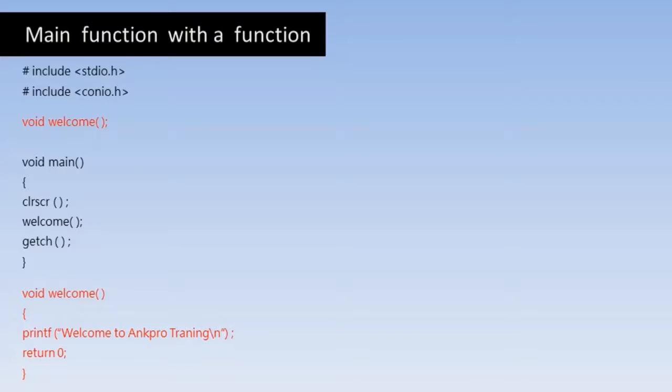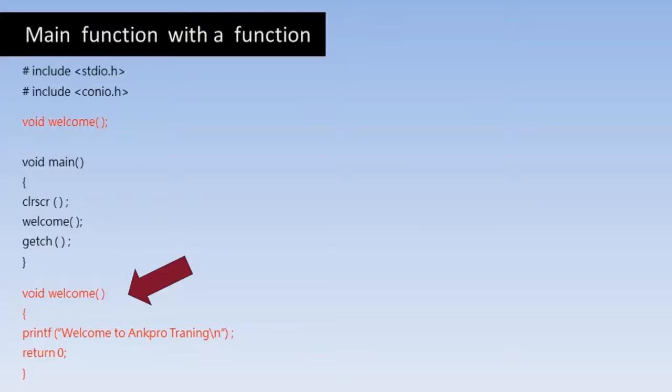Whenever the compiler comes to this line, it will understand that it is going to expect the welcome function later in the program, and whenever it reaches this statement welcome, just the welcome without any return type, it recognizes it as the function call to this function.